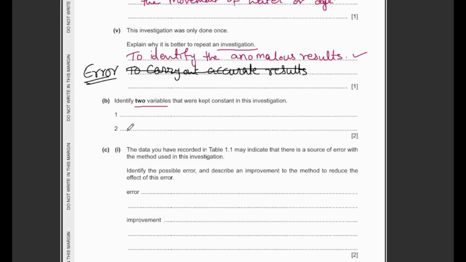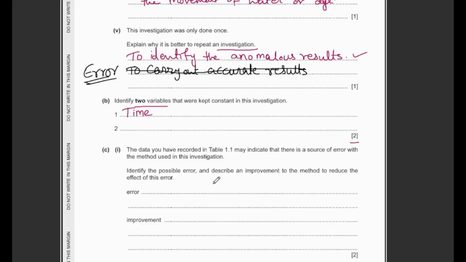The error here is that students just write the word time. They do not complete the statement. What is the time here? Which time was constant, or for what purpose? If we just mention the time there, that's wrong. An incomplete statement does not award you the marks.